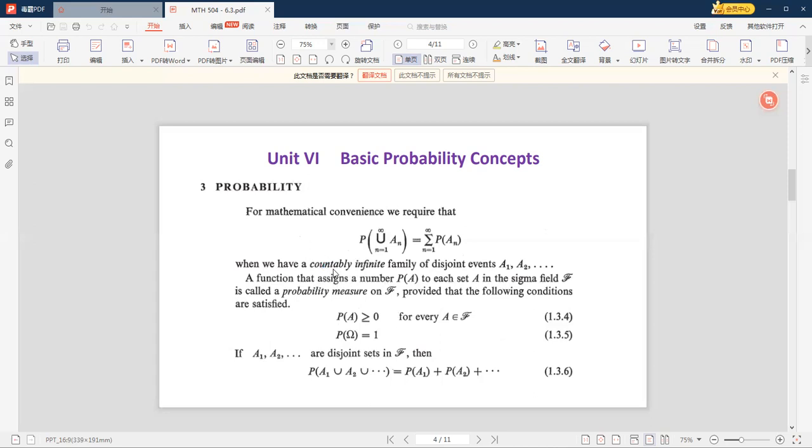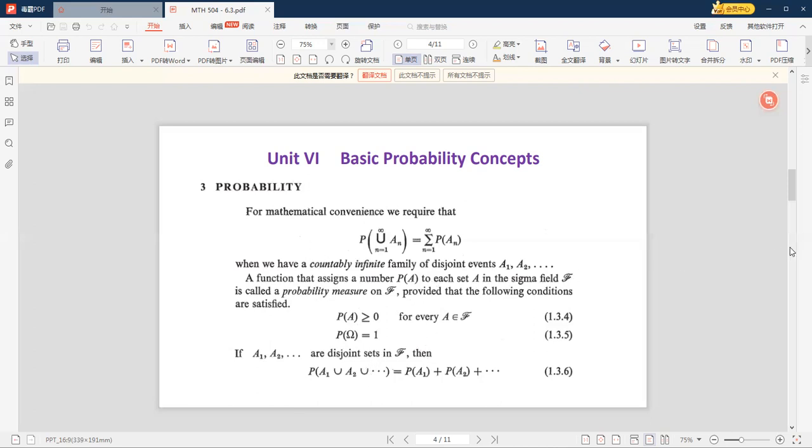But eventually, the theory you build up on probability should, of course, agree with the experimental results. But by itself, now we can give a precise definition of probability itself.